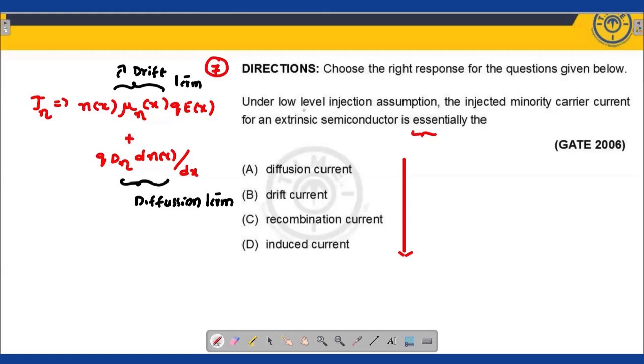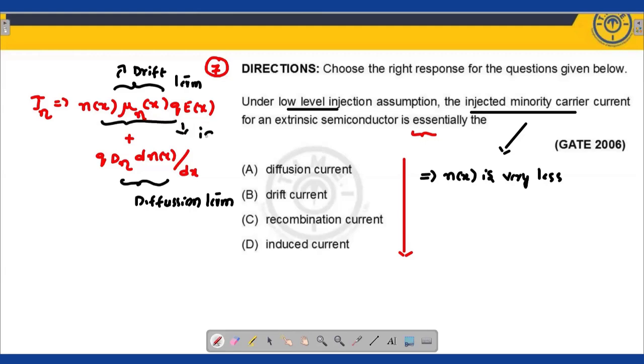So low level injection means very less. So here I am going to take the injected minority carrier, under low level injection, n(x) is very less. And it is very less, my dear friends. So the drift term we can ignore.